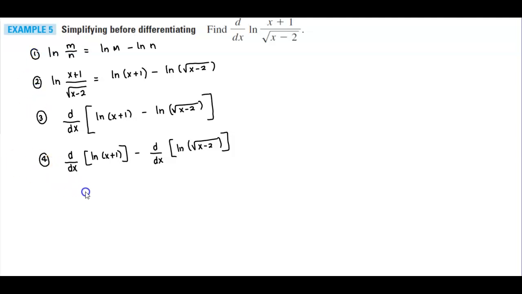Now we're going to have to use the chain rule.